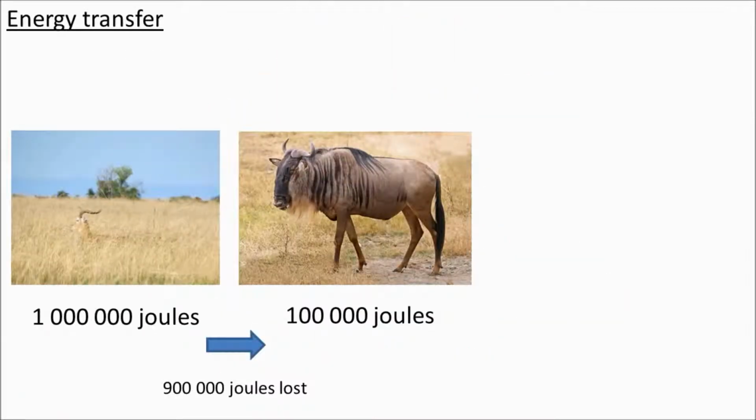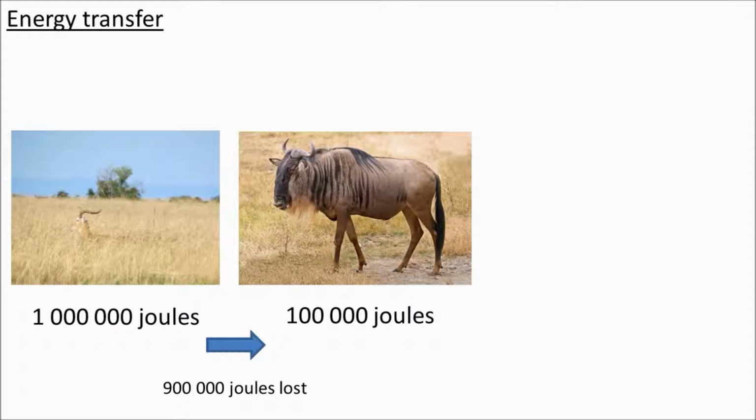Let's talk about energy transfer through food chains. Let's imagine 100 square miles of savanna. Now, some wildebeest come along and they eat 1 million joules of grass. Now what happens to that million joules of energy? Well, most of it will be undigested by the wildebeest, and lost as feces.